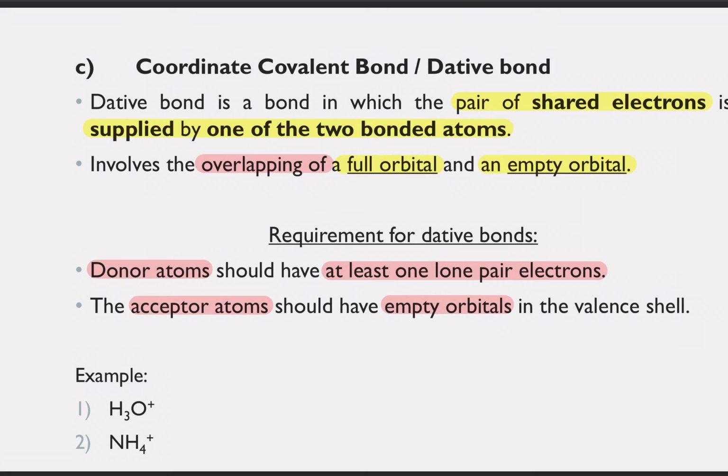Okay. So next we have the coordinate covalent bond atau dative bond. Okay. So yang ni tricky sikit sebab kita ada acceptor dengan donor. Okay. Tapi cerita dia, okay, kalau tadi awak punya ionic bond, awak punya acceptor ada elektron, dia akan donate kepada donor. Okay, kan, dia bagi terus, kan.